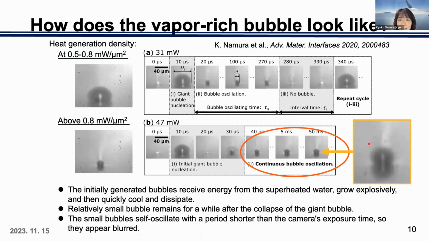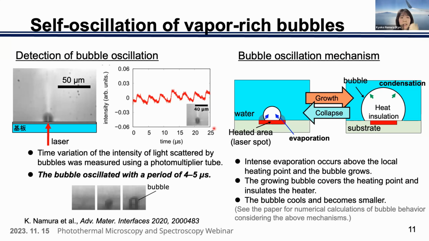If you look at this bubble closer, you can see it is blurred. This is because this small bubble self-oscillates with a period shorter than the camera's exposure time. This oscillation can be detected by using a photomultiplier. Here is the detection result of the bubble oscillation. The horizontal axis is time and the vertical axis is the intensity of detected light.